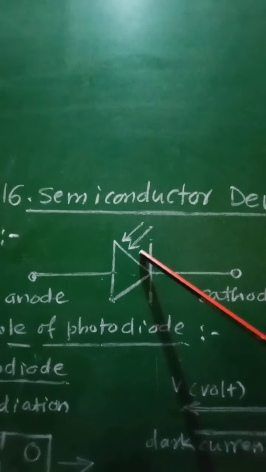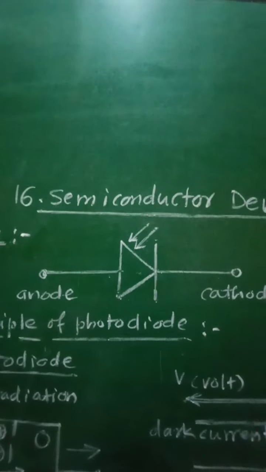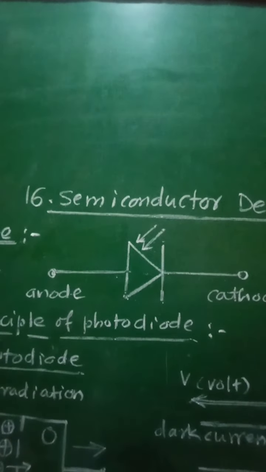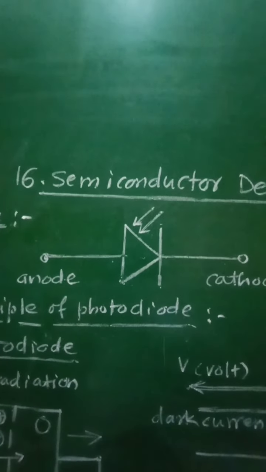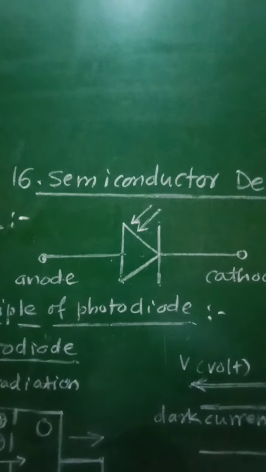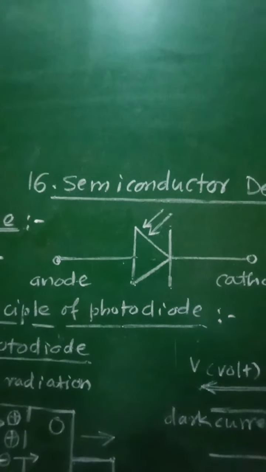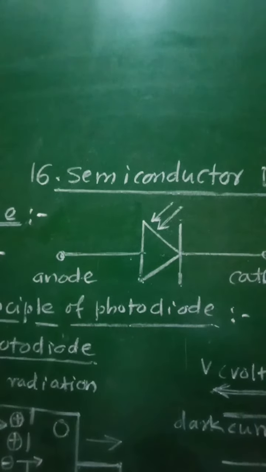Then the other part of the diode is generally polished with an opaque color or it is covered so that light will not fall on the other part of that photodiode.